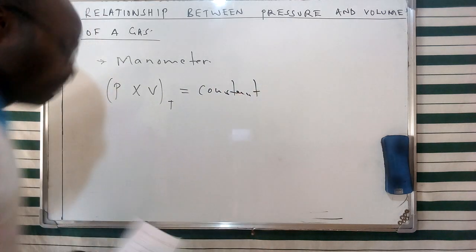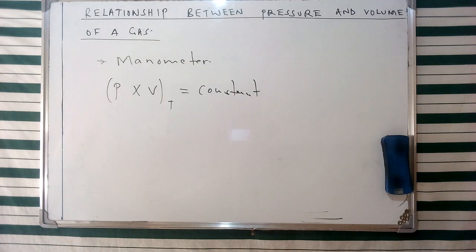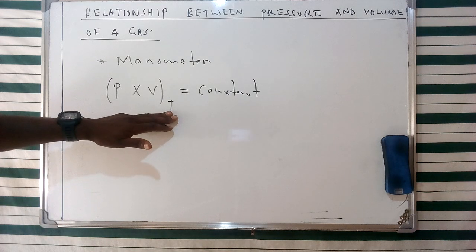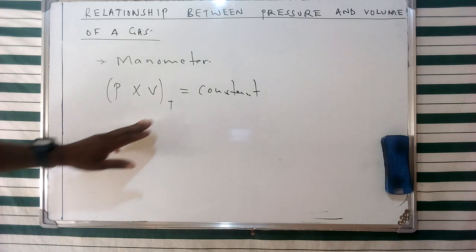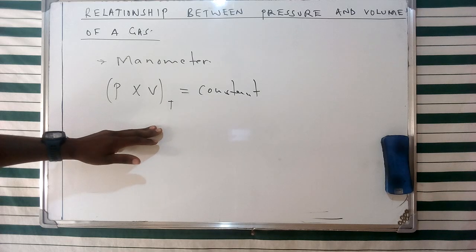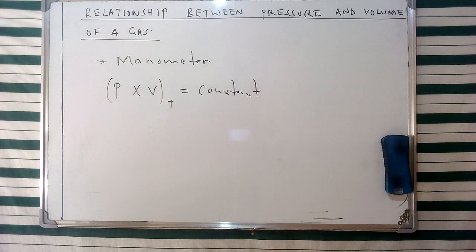And we're going to see that some samples of experimental data are going to produce this particular relationship. Now, I've mentioned the concept of a constant temperature. This implies that as we vary the temperature, we're going to obtain various values of this specific relationship of pressure and volume.